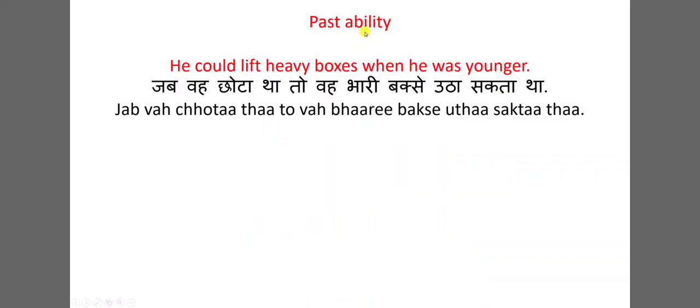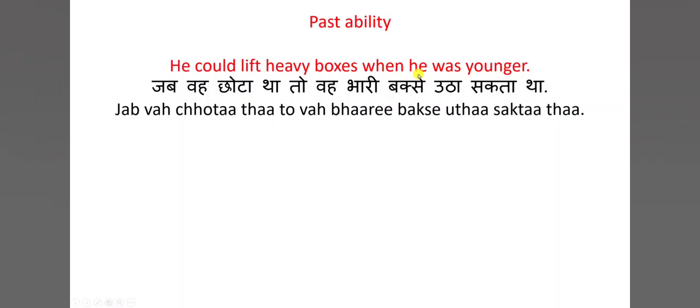Next, to talk about past ability. He could lift heavy boxes when he was younger. What does this sentence mean? It means that he had the ability to lift heavy boxes when he was young. What about now?